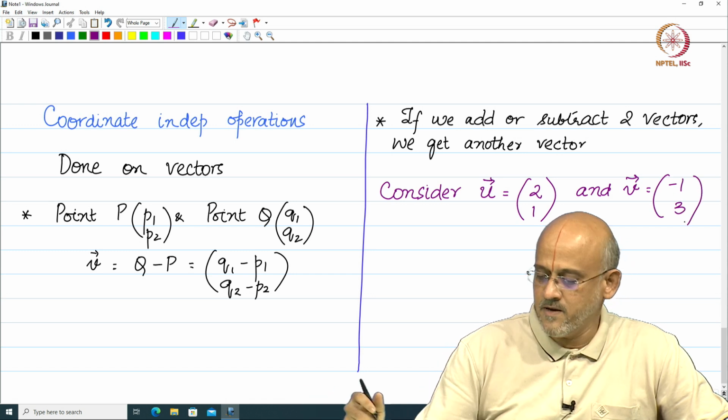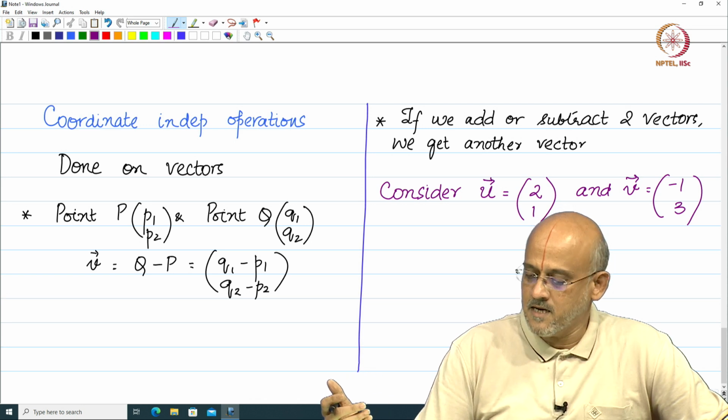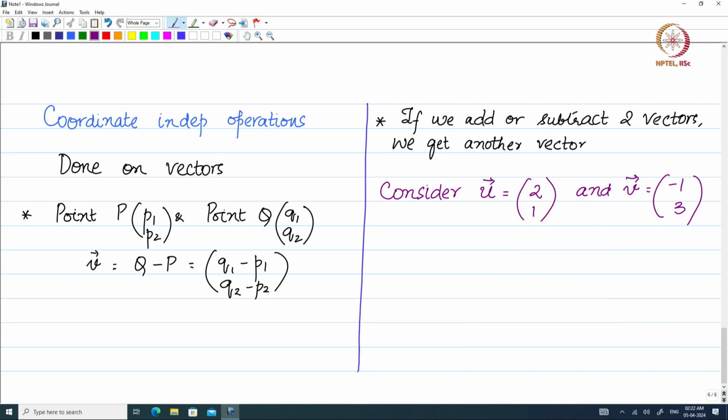We already know that the vectors 2, 1 and minus 1, 3 have a direction. So, graphically how are we going to do it? Let us look at that, for which we are going to draw our axes and try to understand from here. Let us mark all our points 1, 2, 3, 4, 5, 6.